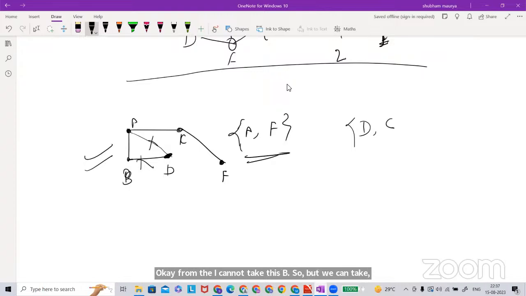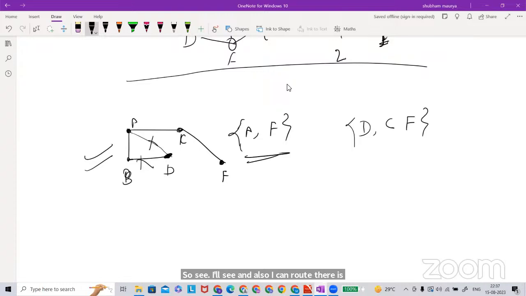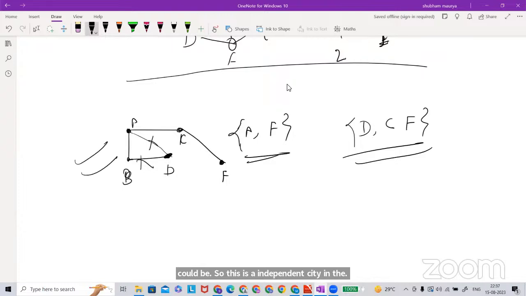Now with C, there is also no edge to F, so F could be taken. So this is an independent set for this graph. But what is going to be the maximum independent set? We want to find a set of vertices such that the maximum number of vertices can be covered and it is also independent.